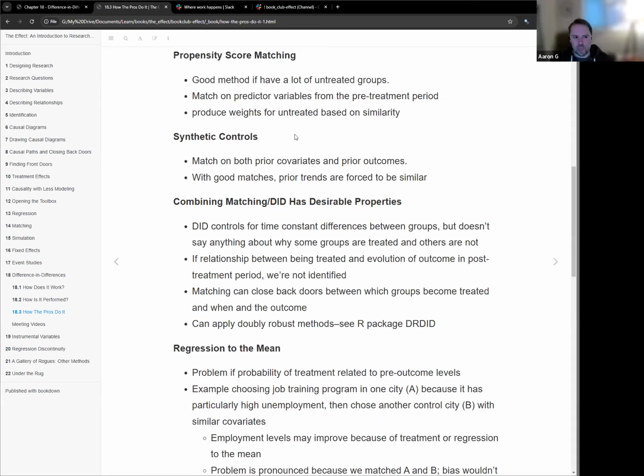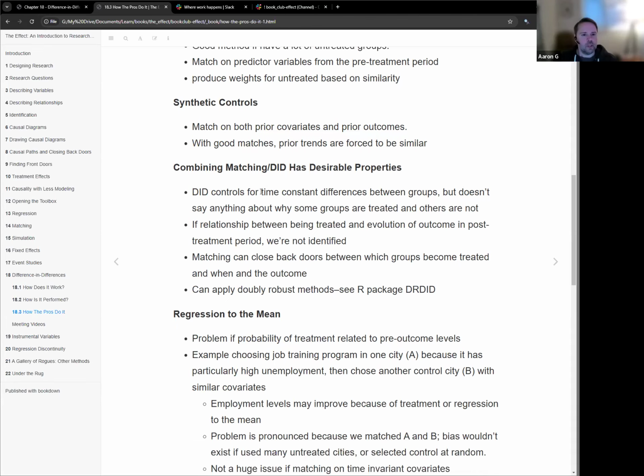And so when you do this, my understanding is that you maybe have a stronger case for that prior trends or parallel trends assumption that is really important for DID. And so it's considered a good approach to combine DID with matching.